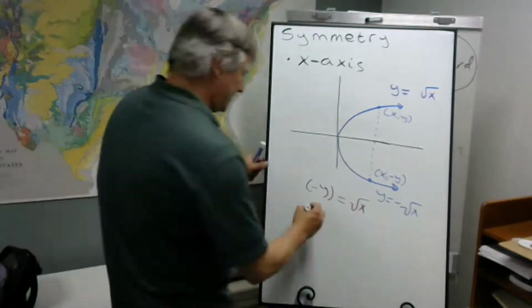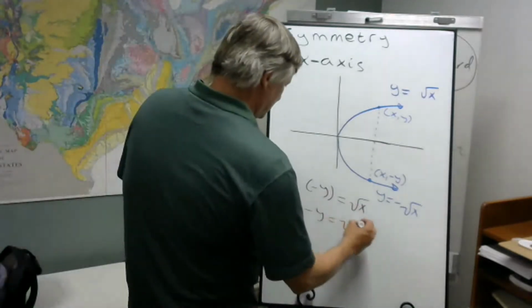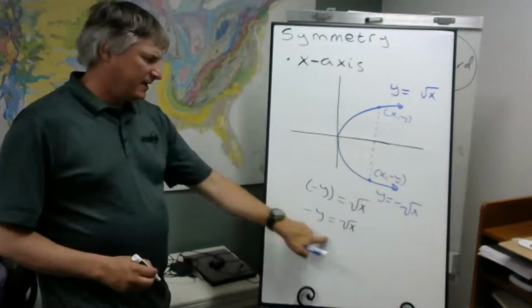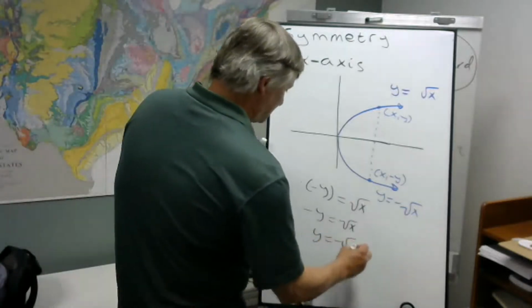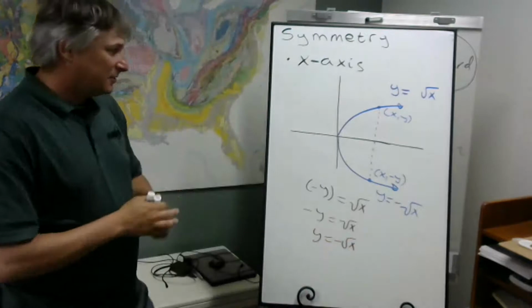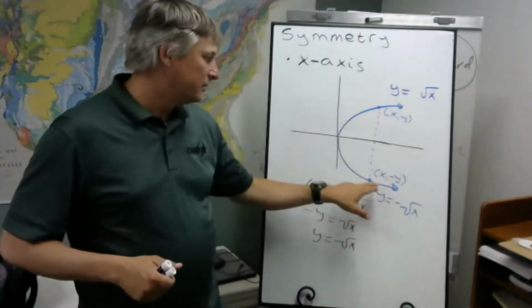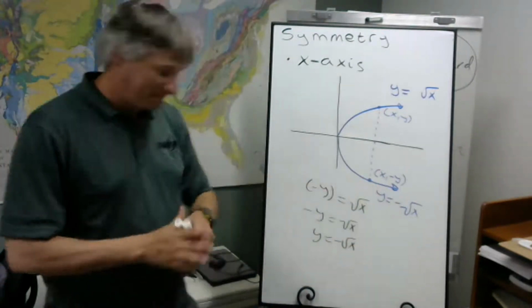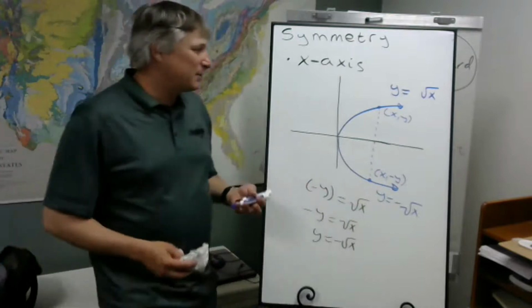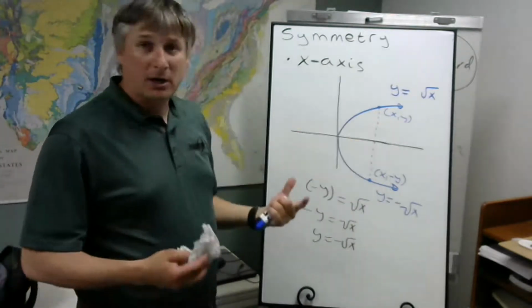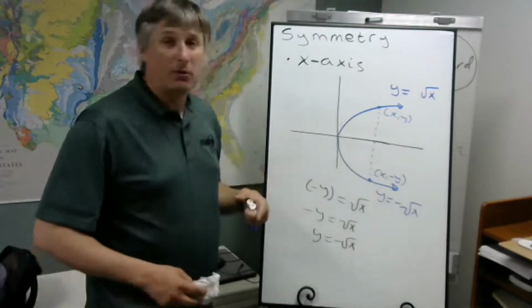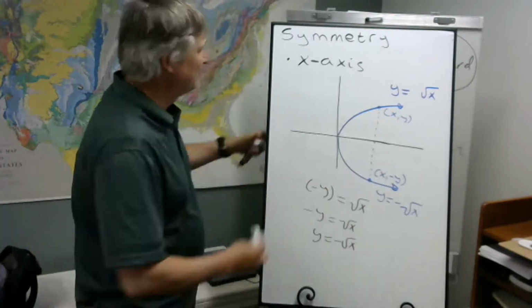And then we get negative y equals square root of x, divide that negative over, and we get y equals negative square root of x. So this point does work for this part here. So that's the idea of symmetry across the x-axis. If you have x and y on your plot, then x, negative y will also be on your plot.